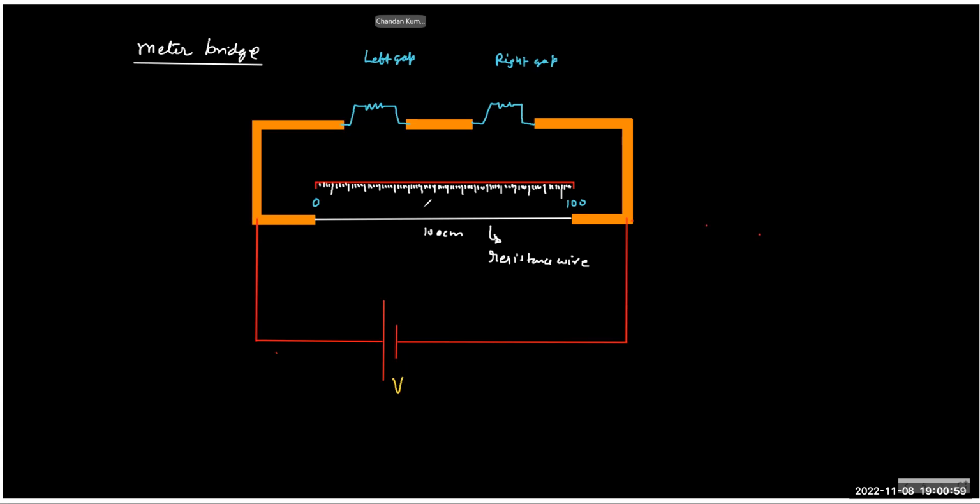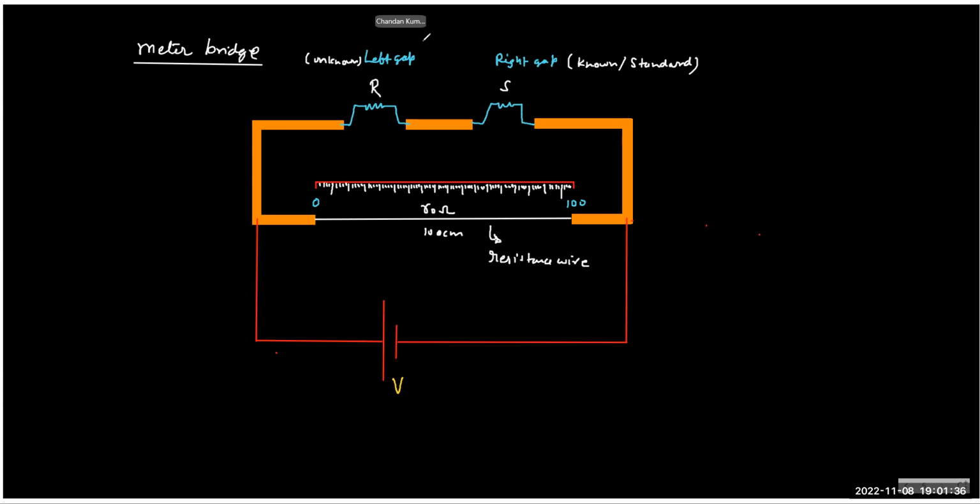So these names are very much conventional. And you can assume some value, let's say R naught ohm is the resistance of this resistance wire. On the left gap, we connect the unknown. So again, you need to remember that unknown resistance is connected on the left gap. And the right is called the known or standard. And that is why we use the symbol S for the known or standard.